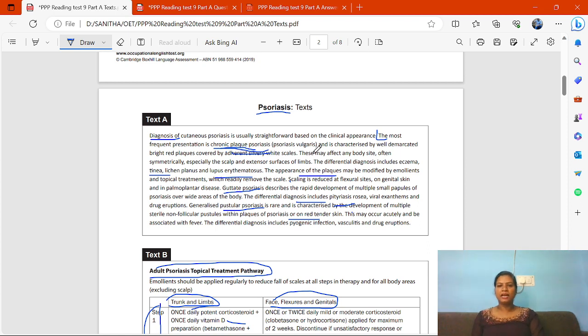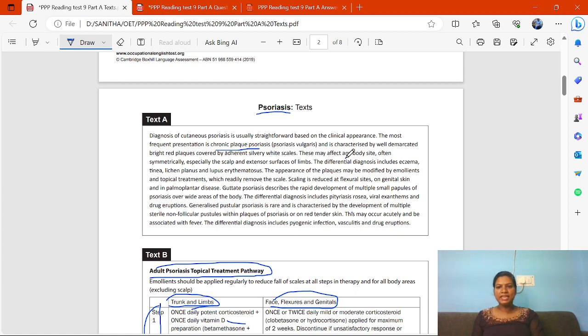That is psoriasis vulgaris and is characterized by well demarcated bright red plaque covered by adherent, sorry, I will erase them. See, chronic plaque psoriasis is characterized by well demarcated bright red plaque covered with adherent silvery white scales.